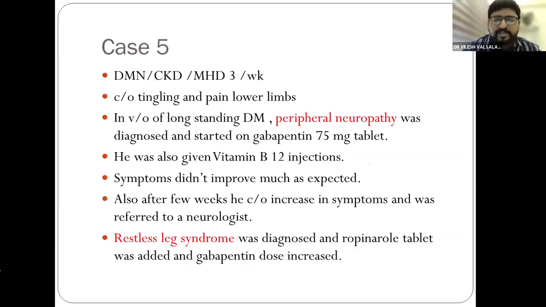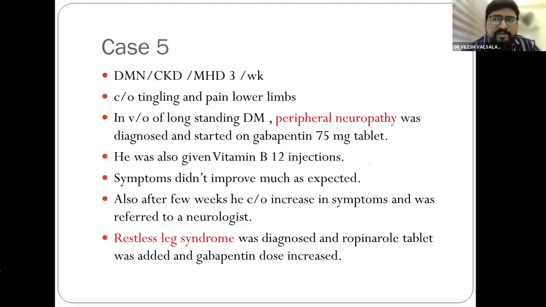Because of the continuous symptomatology, they referred themselves to a neurologist. When the neurologist saw the patient, he diagnosed restless leg syndrome, and put the patient on a tablet called ropinirole, along with gabapentin, which helps in the treatment of restless leg syndrome.